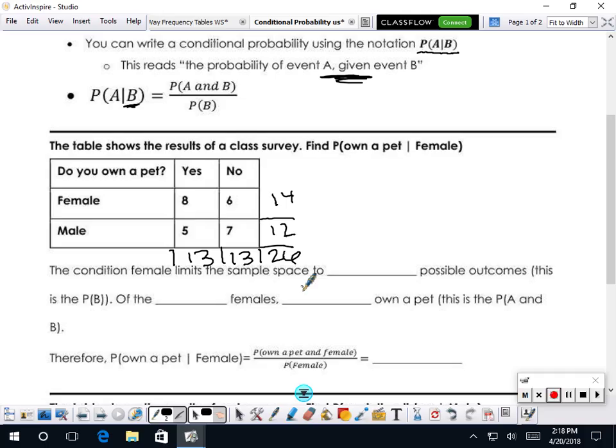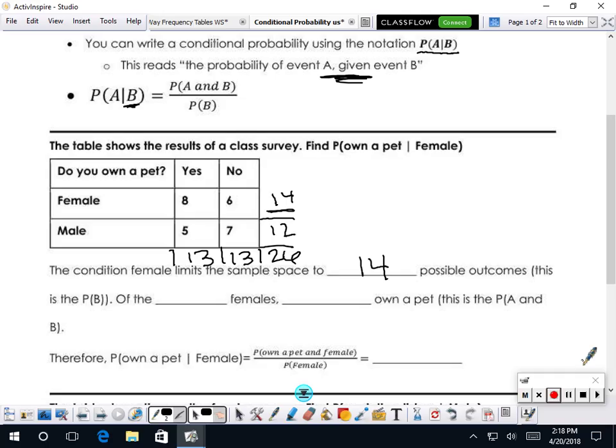All right, so again, we're trying to find the probability that someone owns a pet given they are a female. So the condition female is going to limit our sample space to just the outcomes of females, which is 14 possible outcomes.